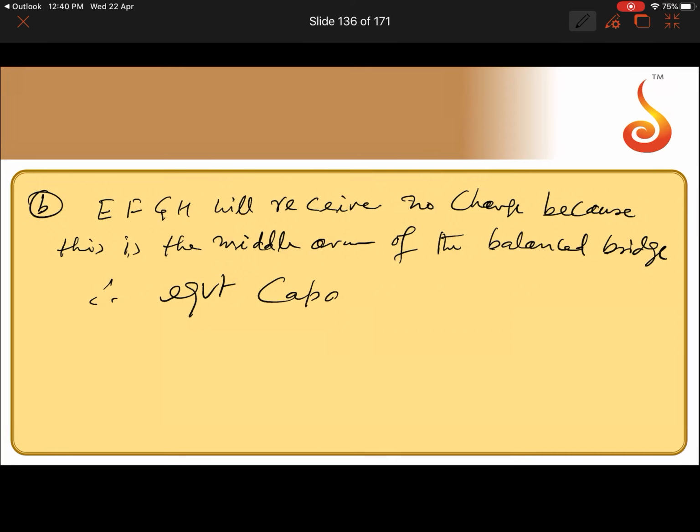Therefore, the equivalent capacitance is 2C.